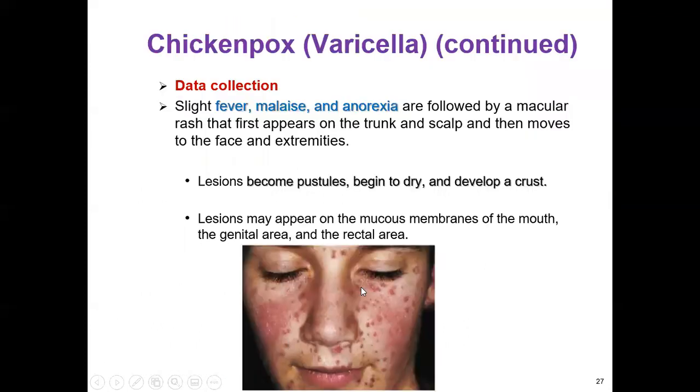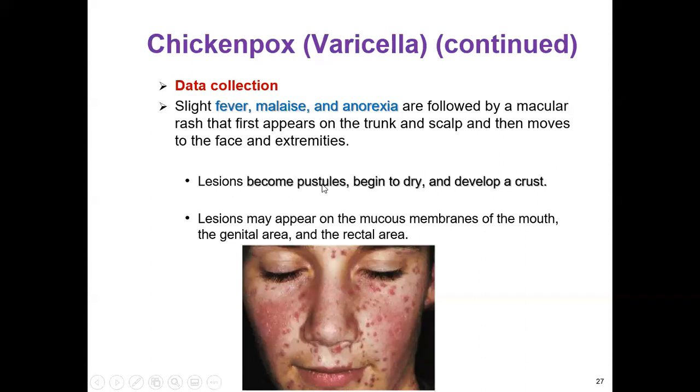So what are the key symptoms? Usually the patient develops high fever, malaise, and anorexia, followed by a macular rash that first appears on the trunk and scalp and then moves to the face and extremities. The macules turn into papules, then vesicles, and the child is no longer contagious after the vesicles have crusted over.